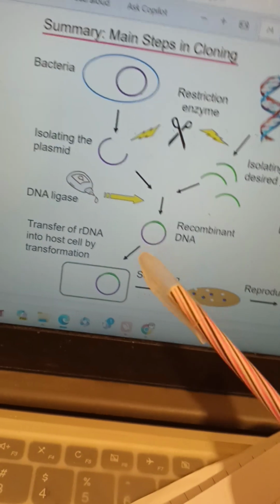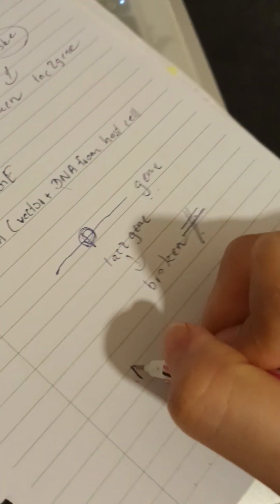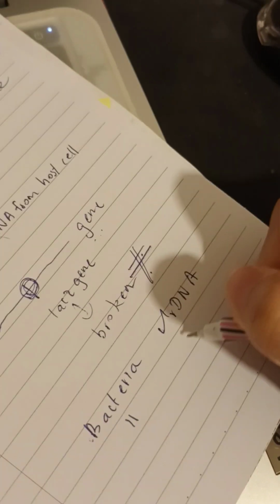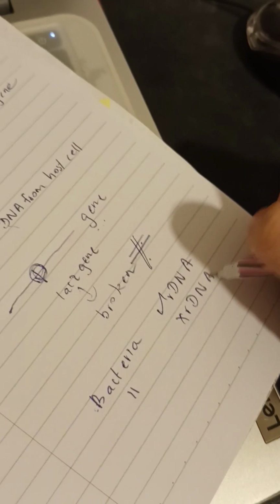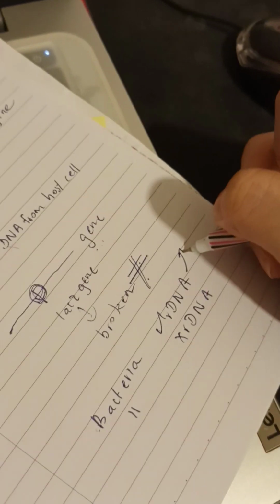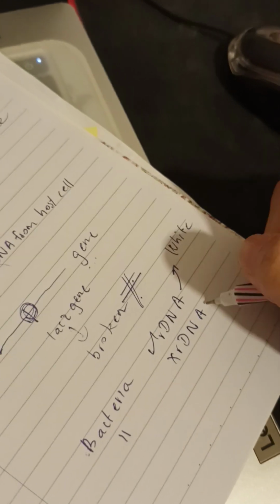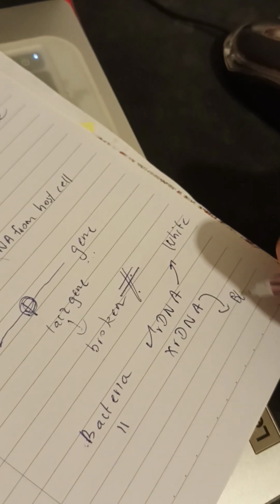So how do we identify which one has recombinant DNA and which one does not? Bacteria with rDNA, bacteria without rDNA, how do we identify this? Bacteria with recombinant DNA will give a white color, and without recombinant DNA will give the blue color.